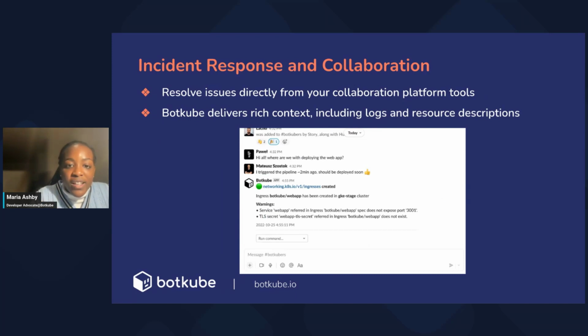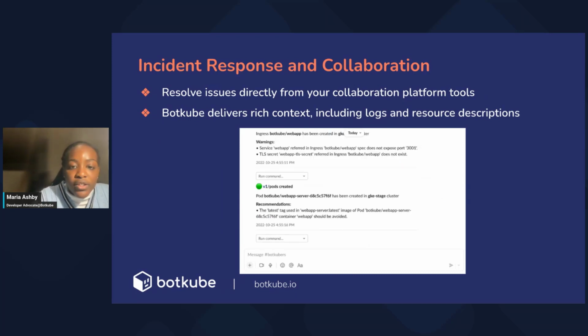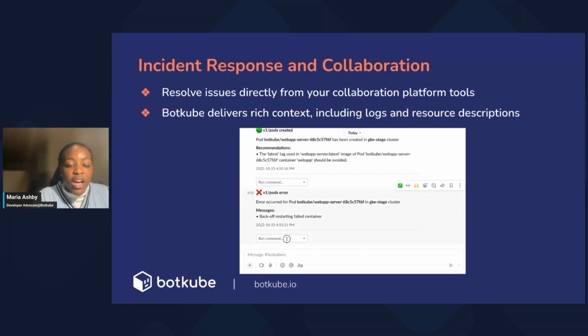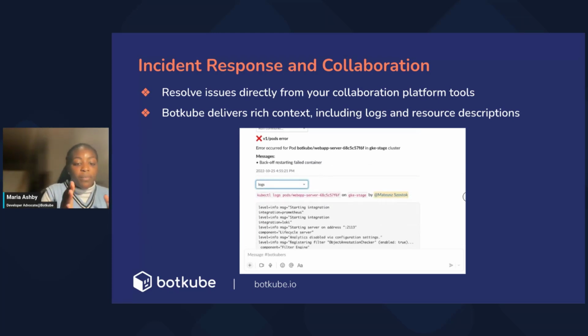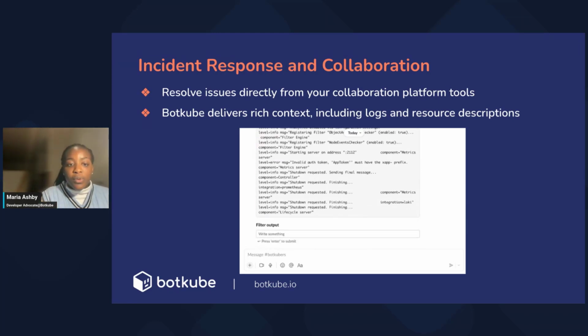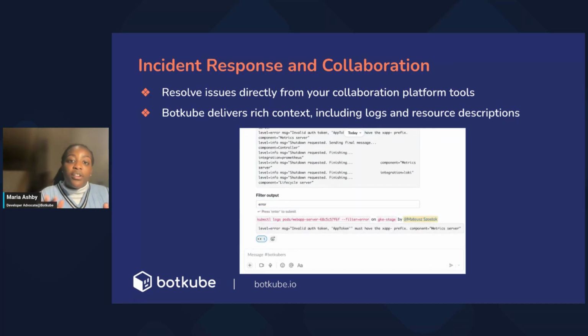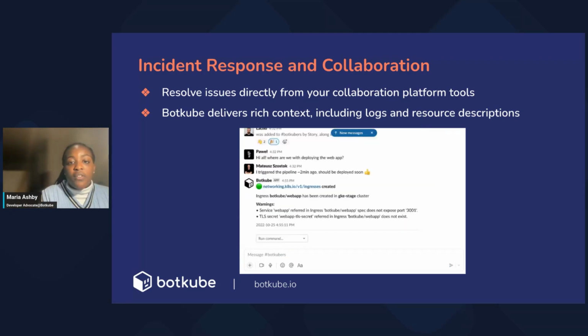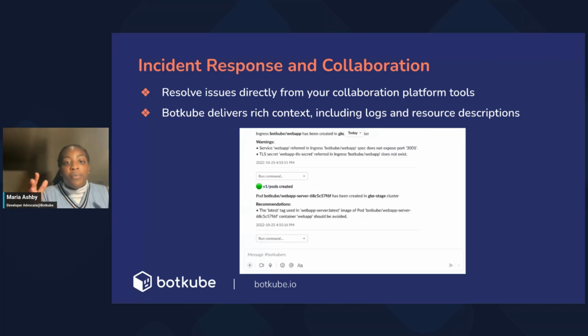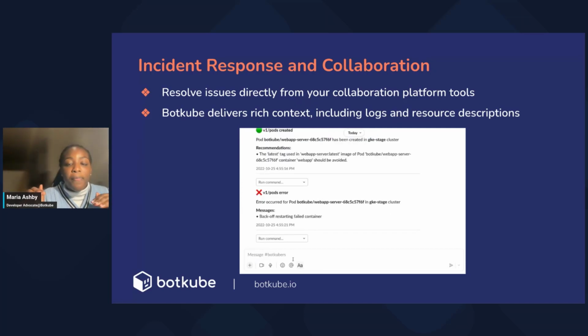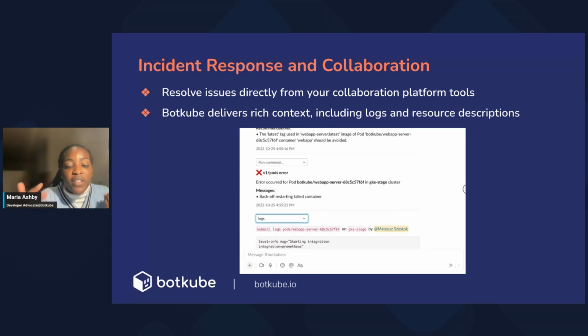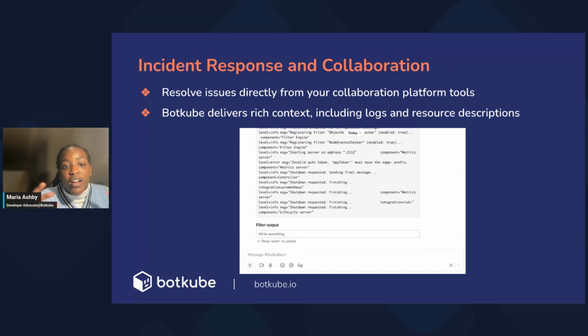Alongside talking about incident response, you're able to resolve your issues directly from your communication platform. So instead of receiving an event, let's say in a dashboard that may be connected to Slack, and then going to your terminal and then going through all the steps of resolving your incident, with a tool like Botkube, you're able to directly resolve your issue from Slack or Teams or Mattermost, which allows you to save time and prevent a lot of this context switching.